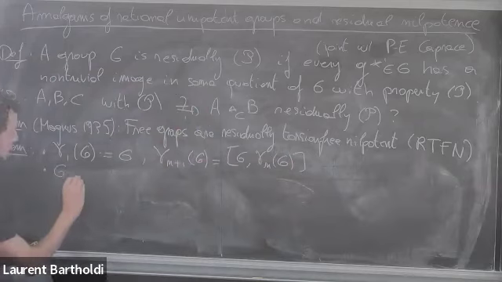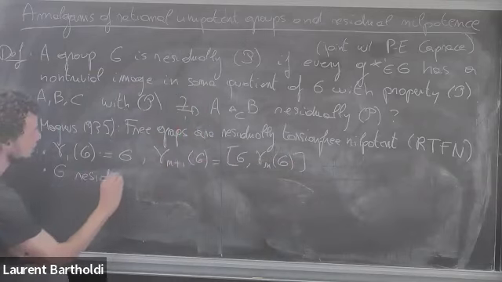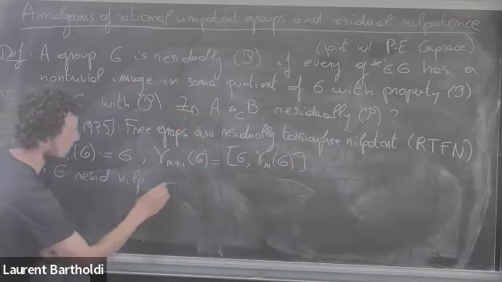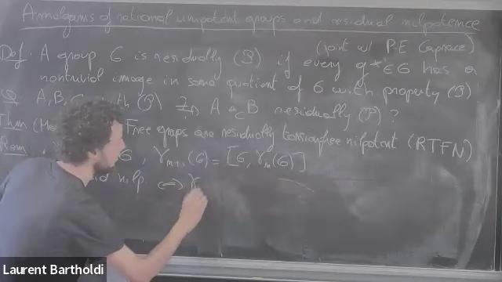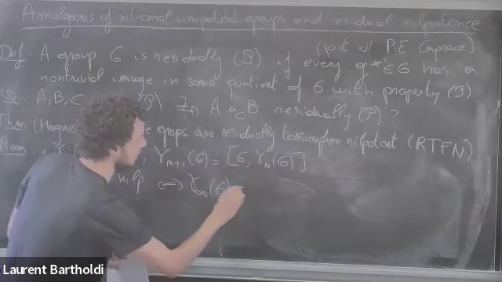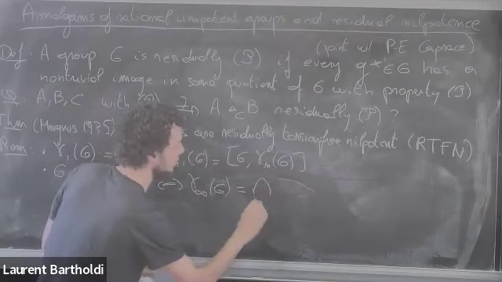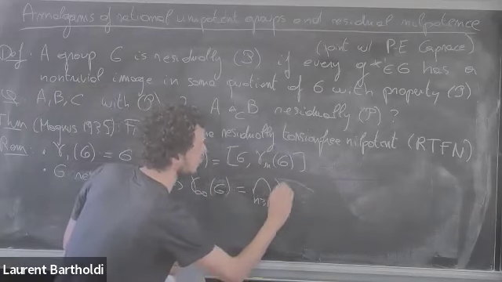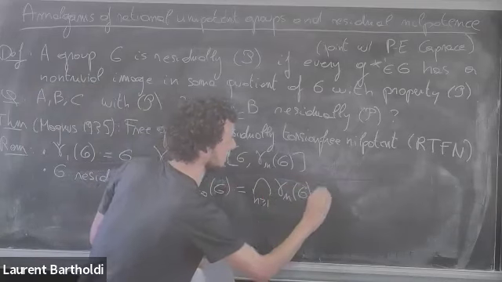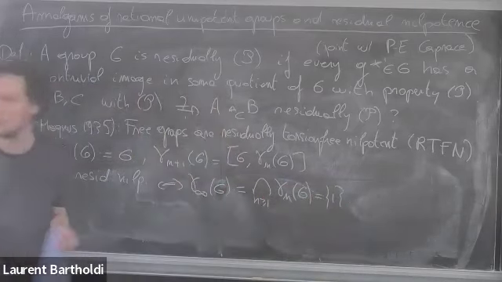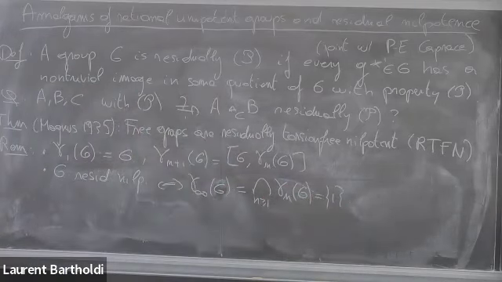But what does it mean for G to be residually nilpotent? Well, this is the same as gamma infinity of G, which is the intersection of all these gamma n of G, being trivial, right?